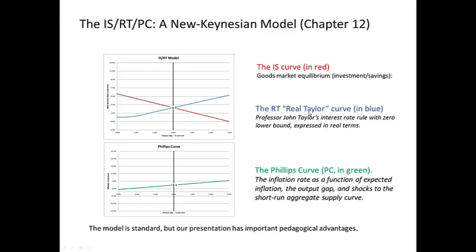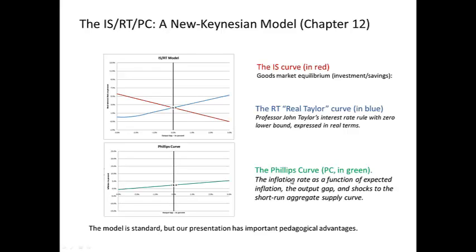The second equation, which captures monetary policy, we call the real Taylor or RT curve, and that's this guy in blue that slopes upward in output gap real interest rate space. We use this instead of the LM curve, and we're going to be talking about the derivation of this curve in detail in a few minutes.